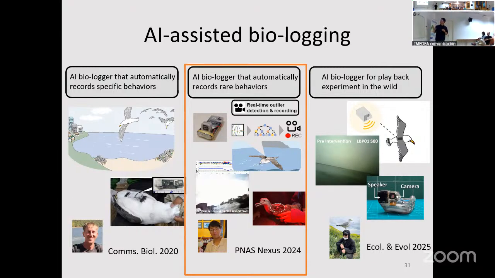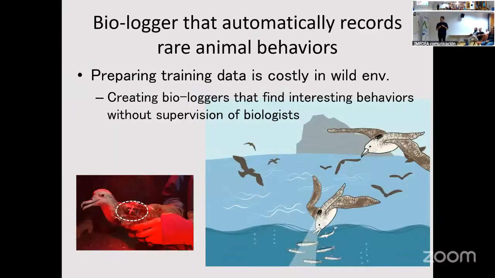It automatically records rare behaviors. The drawback of the previous logger is the cost of preparing training data for AI. It is very difficult in natural environments. Therefore, we created a biologger that automatically finds interesting behaviors without supervision by biologists.